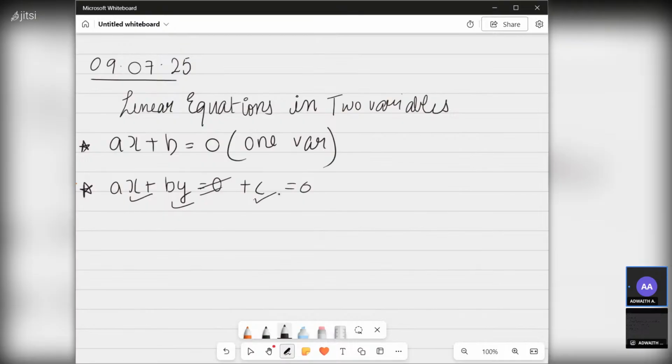So I'm going to write a note: a and b are unknown values, x is x itself, y is y itself, and c is a constant value.